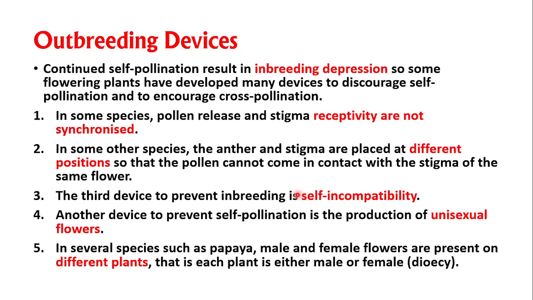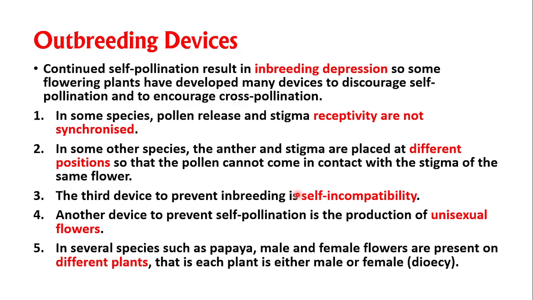Another device to prevent self pollination is unisexual flowers. Remember that. What are unisexual flowers? These are the flowers which have the reproductive structure of only one gender. That means either it has the male reproductive structure or the female reproductive structure.